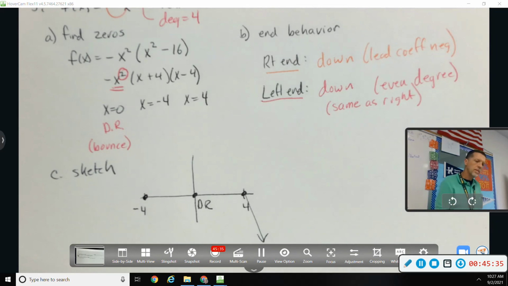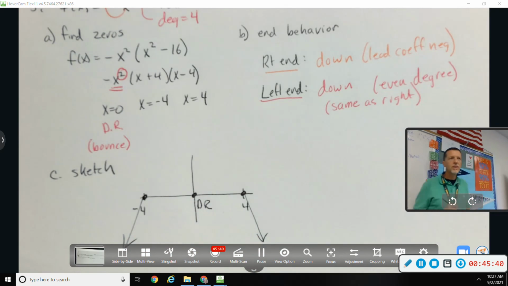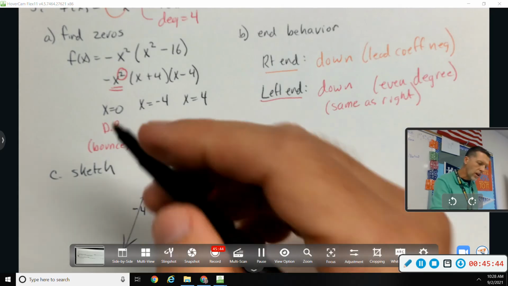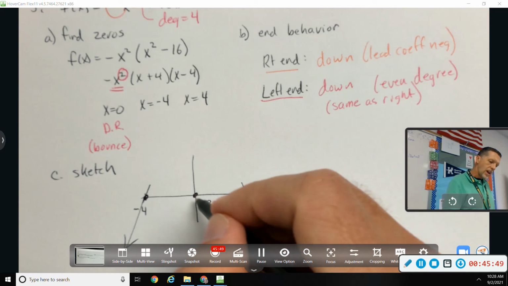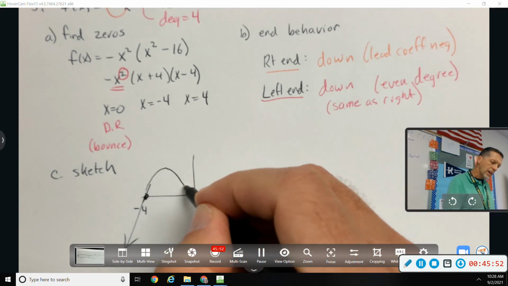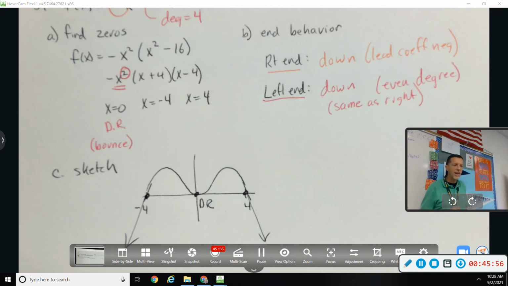The left end is going down, so after we go through negative 4, we've got to go down. And we have to bounce there, and we have to cross at those two, so those are crossers. And so I have to turn around somewhere, head back, bounce. So it looks something like that. Because I have 4 zeros, because one of them's a double. These two are crossing zeros, the other one is a bouncing zero.